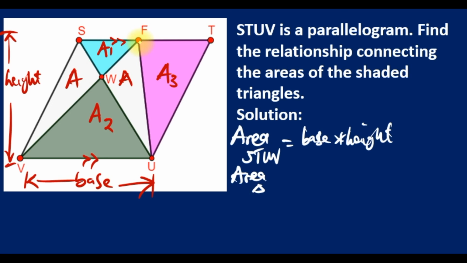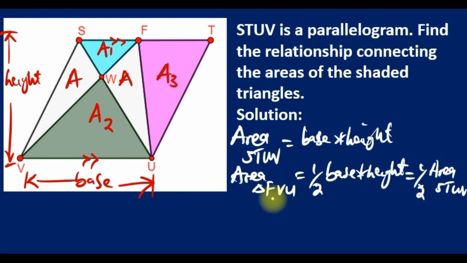So for this triangle FVU it is half base times height. And this happens to be half the area of the parallelogram STUV. So this implies that the remaining ones, this triangle and this, if you sum the area, will be equal to half of the area of the parallelogram, making the area of these two the same.